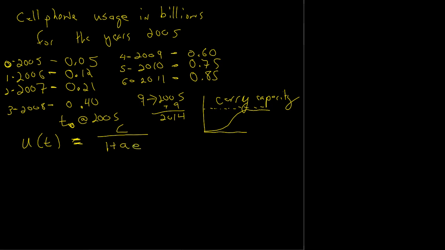I'm just making sure. Are they using a negative bx? Yes. All right, so what we can do is solve for a couple different points of data, and we can find these constants by solving for a couple different points of data.